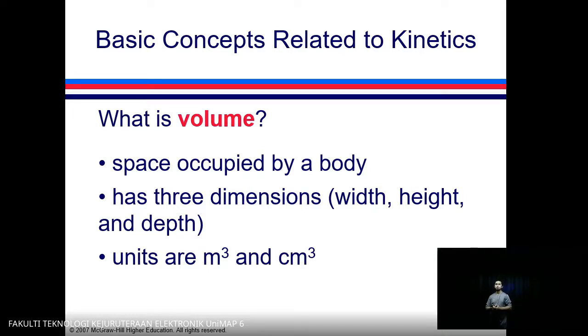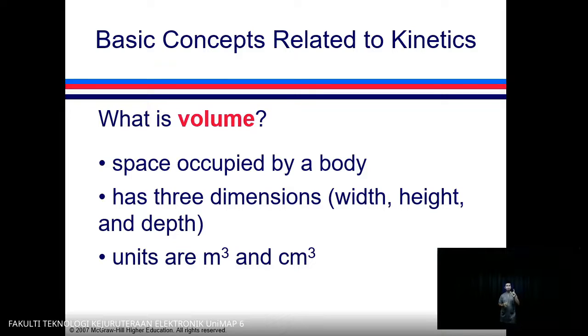What is volume? Volume is a space occupied by a body. Ada 3 dimensions. It has 3 dimensions: width, height, and also depth. The units are in millimeter. Millimeter apa? Millimeter cube.